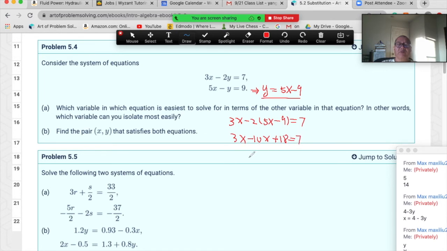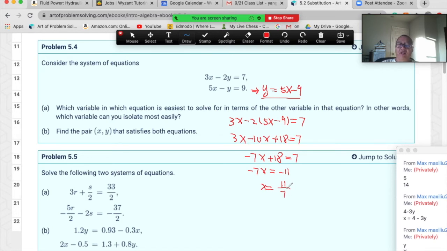So 3x minus 10x, that's negative 7x plus 18 equals 7. So both sides then minus 18, you get negative 7x equals negative 11, right? Then both sides divided by negative 7. You get x equals 11 over 7.